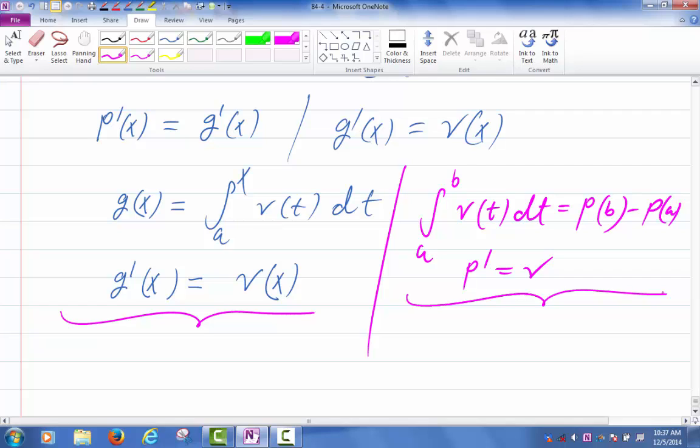Am I making sense? In this very, very easy example, you get the two very important theorems in calculus. This is called the fundamental theorem of calculus part 2. This is called the fundamental theorem of calculus part 1. If I think of v as a general function, those results are called the fundamental theorems.